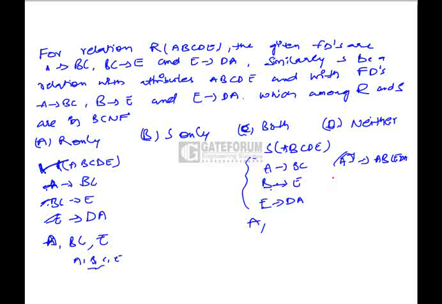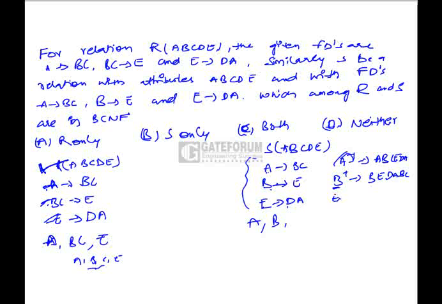So we can take A as one candidate key. Let us find B closure. B closure gives BE, from E we can get DA, from A we can get BC. So from B we can derive all the attributes, so we can take B as a candidate key.